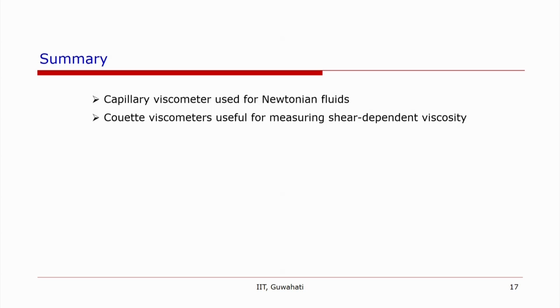Then coaxial viscometers can be useful for measuring shear dependent viscosity because the shear rate is constant in them. Finally, the cone and plate viscometer is the most popular or most accurate among the three, and they require a small amount of sample. So for measuring the viscosity of samples which are costly, they are used.